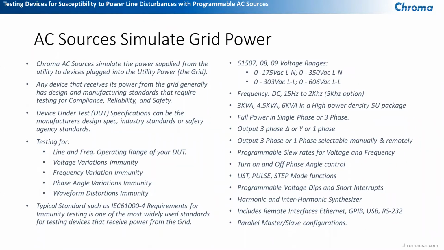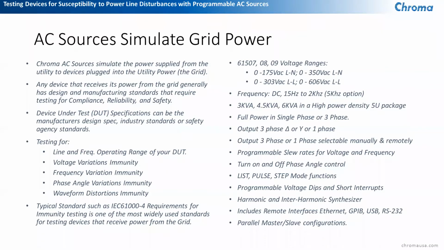Again, these units can operate as single-phase or three-phase. It's selected from the front. You can change the output from single phase to three phase through a very simple press of a button and a few controls. And you get full power, whether you're in single phase or three phase; you still get the full power rating of the unit.